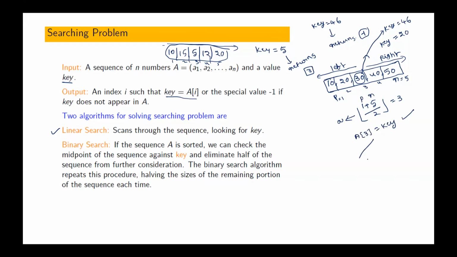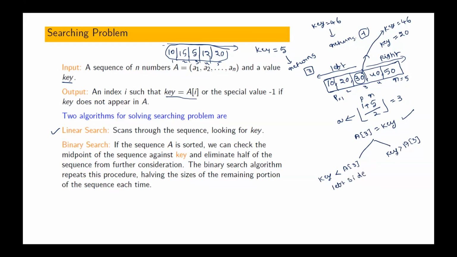What are the other possibilities? Key is less than A of 3, or key is greater than A of 3. If the key is less than A of 3, then what do we do? Only the left side we search.